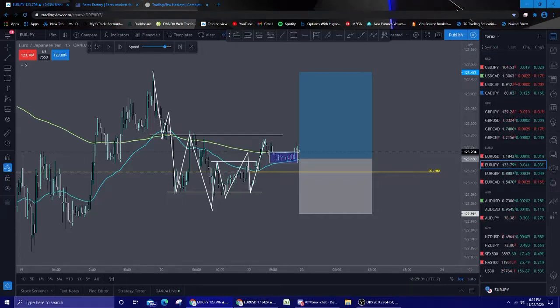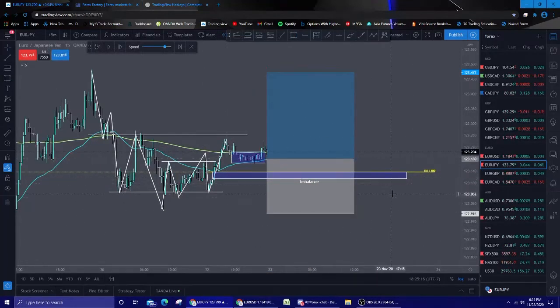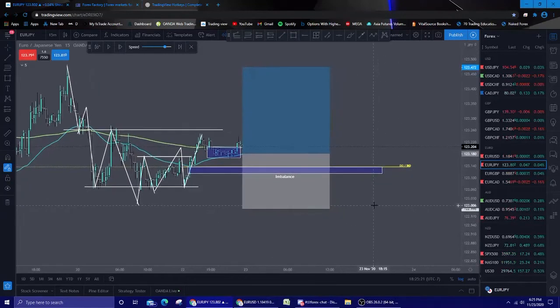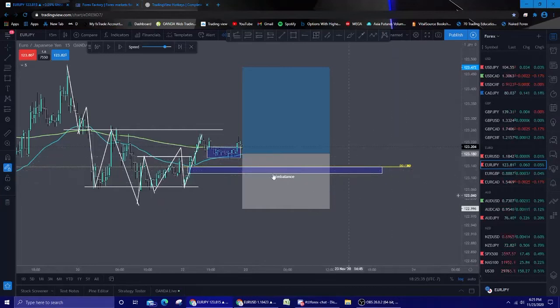Because essentially we had this imbalance in price right here. Now you guys can't really see it, but we had this imbalance right here. And one thing I'll tell you guys with Forex, 9 times out of 10, actually I'd probably say 99% of the time, with the London session, meaning that it's going to be 3 a.m. Eastern time or 1 a.m. for me, 99% of the time, price is going to break back below this daily open level or this weekly open level before longing again.